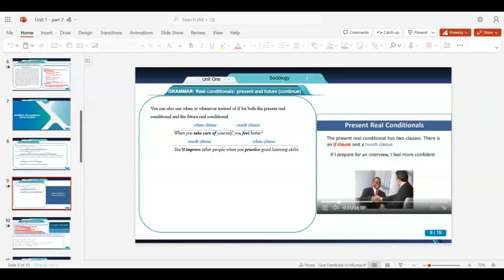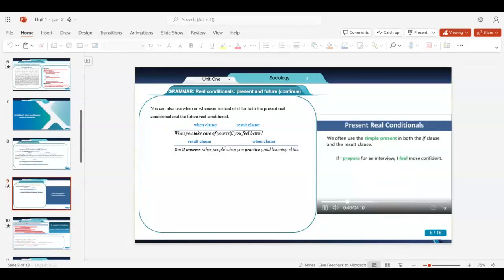The present real conditional has two clauses. There is an if clause and a result clause. If I prepare for an interview, I feel more confident. We often use the simple present in both the if clause and the result clause. Here's another example.